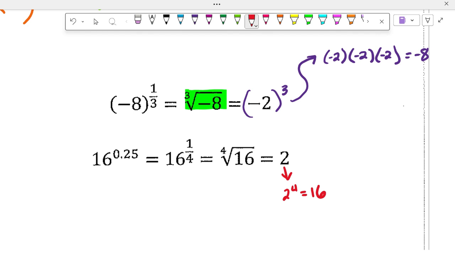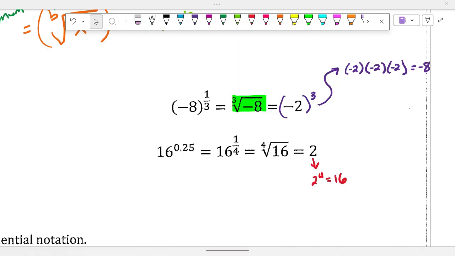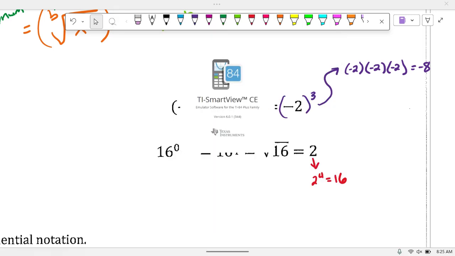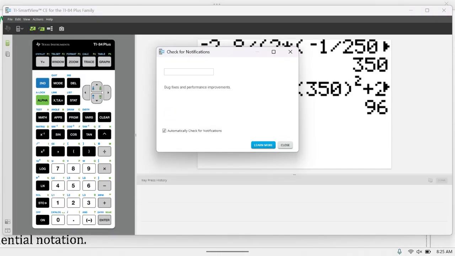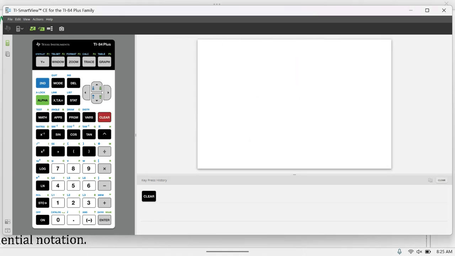Now, if this was one where you had to evaluate, another way that you can do it is that your calculator will do these special types of roots as well. So in your TI, and if you have a NumWorks, it'll do it as well. But in a TI, if you want to do any root besides a square root, you would hit the math key, which is underneath the alpha key.